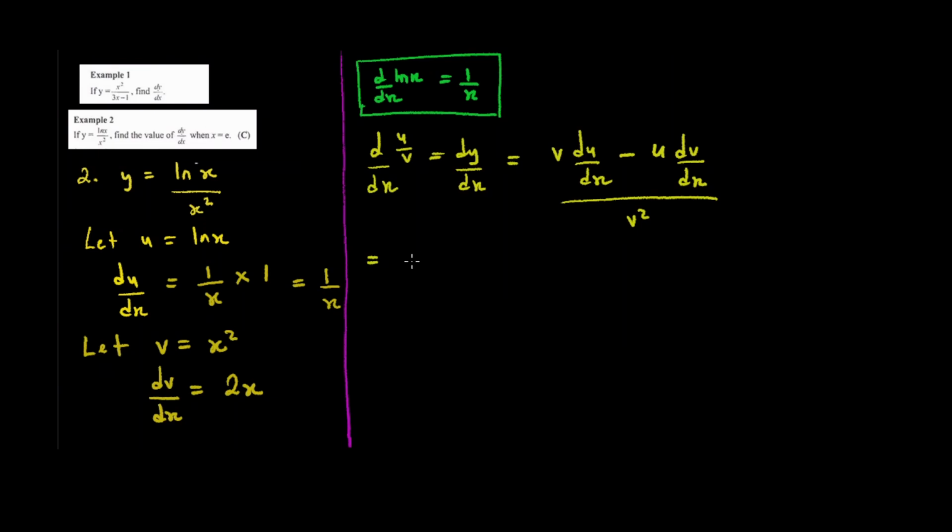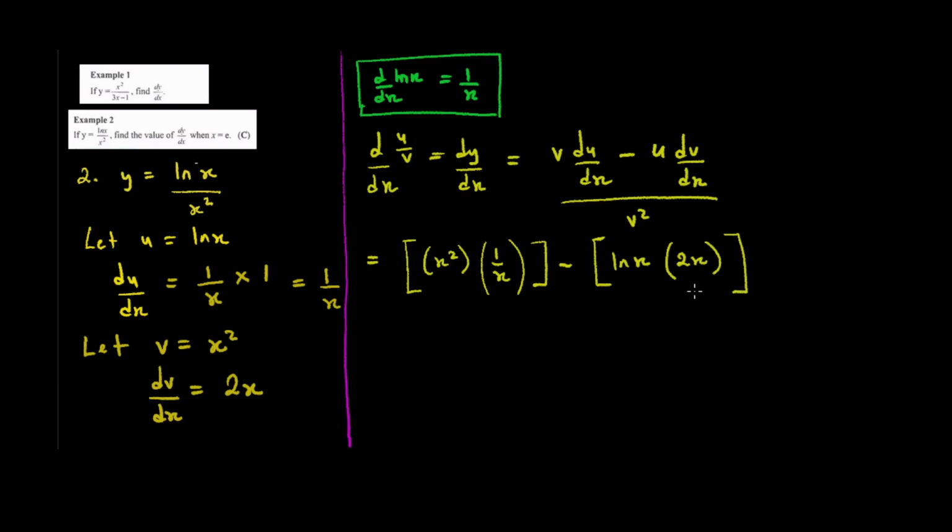What is v? v is x squared, multiplying du dx, which is 1 over x. This subtracts ln x multiplying dv dx, which is 2x, like this. This is over, what is v? x squared, but it's v squared, so it's x squared squared.